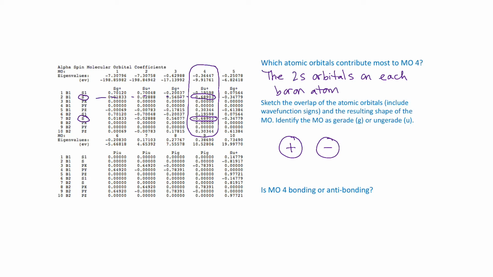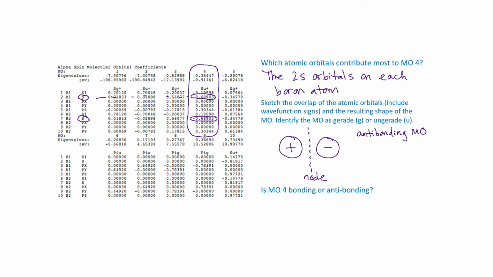They're going to destructively interfere with one another. We're going to get a node right in the middle there. So that's going to be an anti-bonding MO for us. Finally, we want to identify it as g or u.